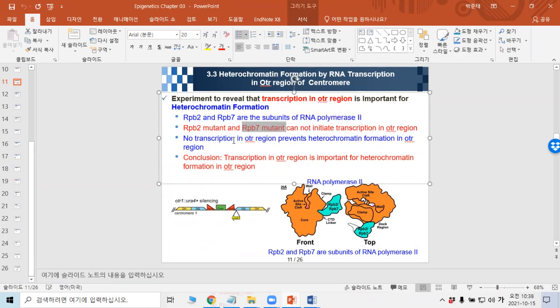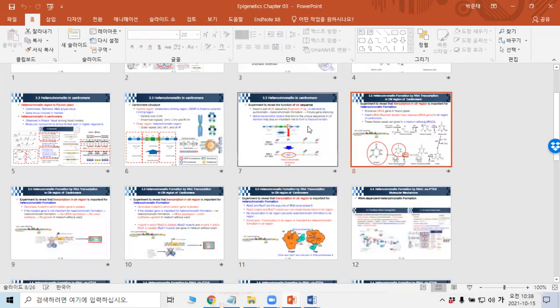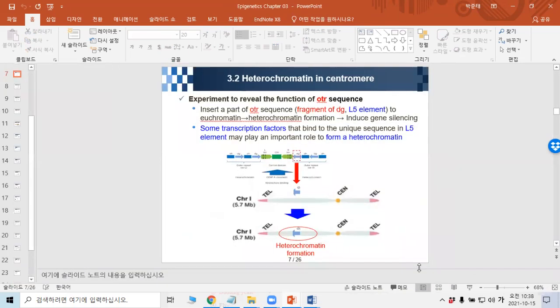Because RNA polymerase 2 plays a very important role, transcription in the OTR region is important for heterochromatin formation. It is a very complicated experiment, but very important.